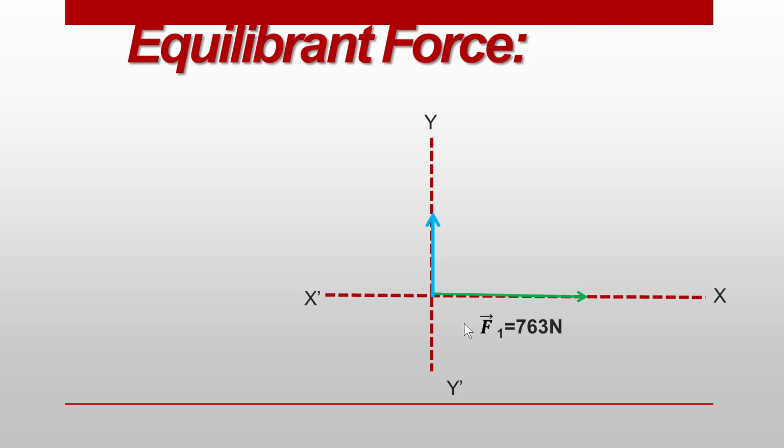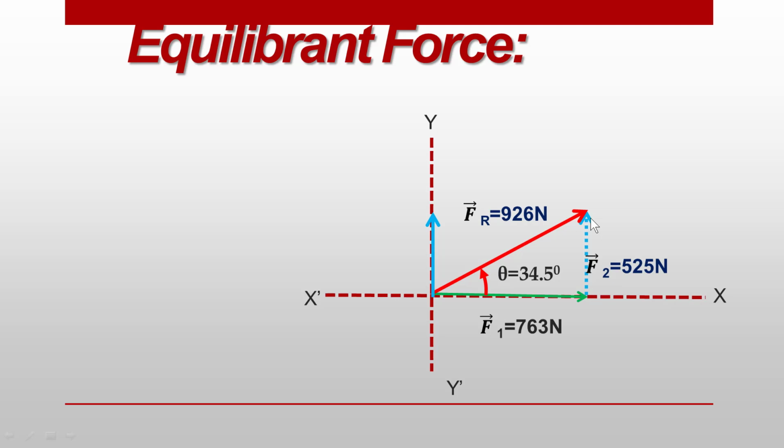We draw the second force over here using the head to tail rule. Let's say the second force has a magnitude of 525 Newton. We draw their resultant Fr, which is 926 Newton, at an angle of 34.5 degrees. This Fr is the resultant force.